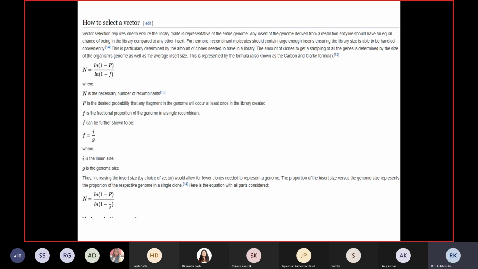So let's understand the formula for selection of a vector.